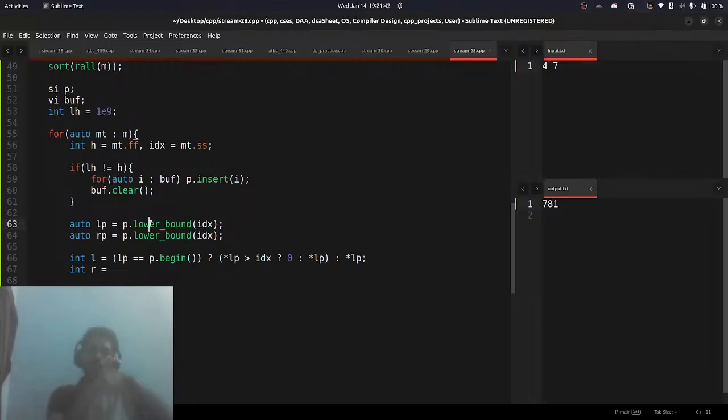Okay, so what does it mean when it is given p dot end? It means that all the element are greater than idx.